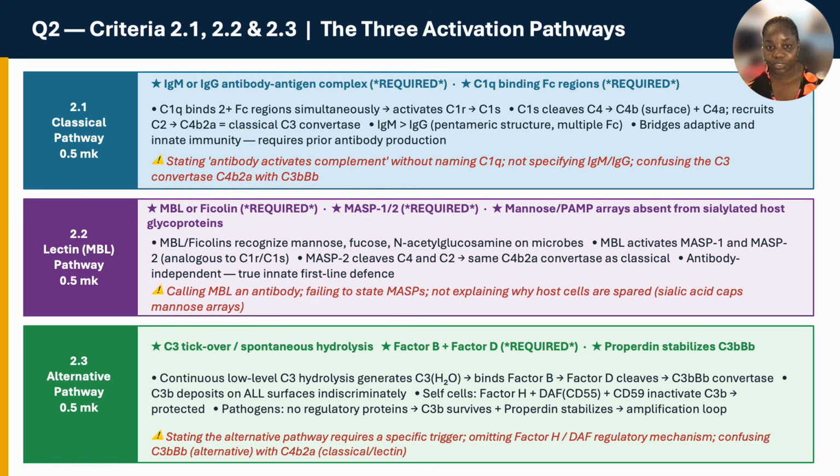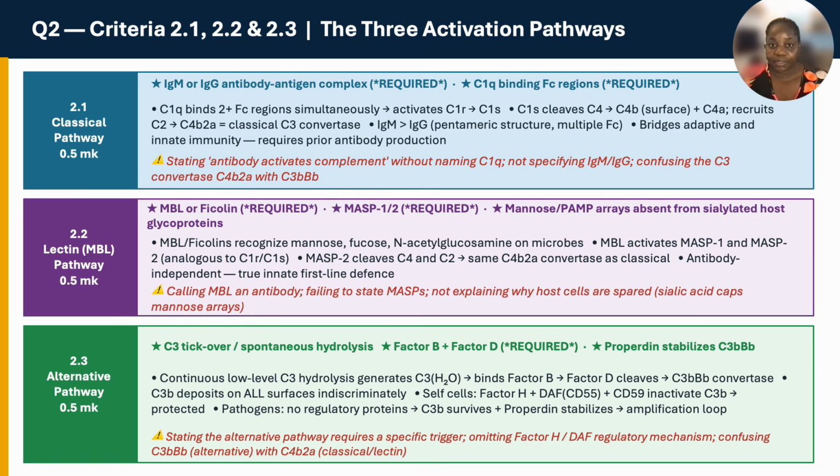So the most important conceptual error to flag here in this particular pathway is that this pathway has no specific triggers. It runs continuously, it is always on at low level. What determines whether it leads to a full complement activation is not really a trigger. It is whether regulatory proteins are present to shut it down.